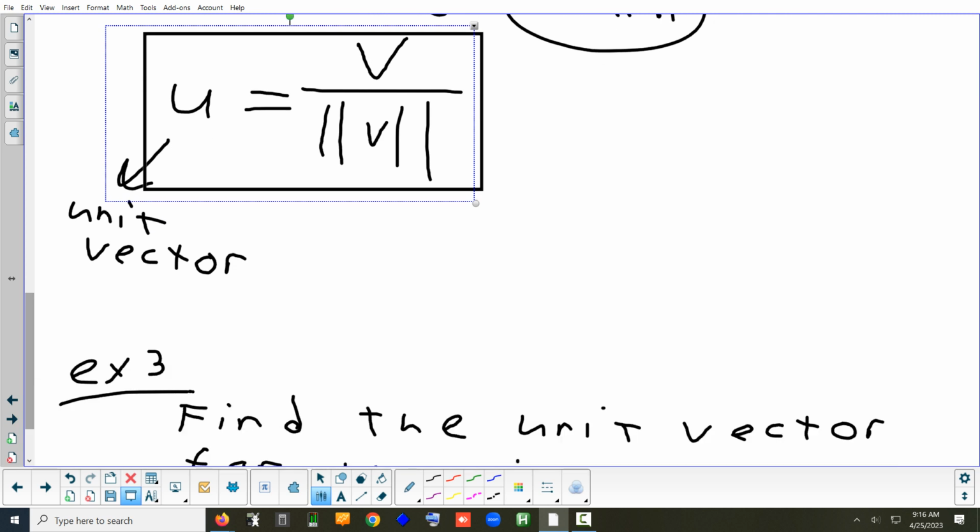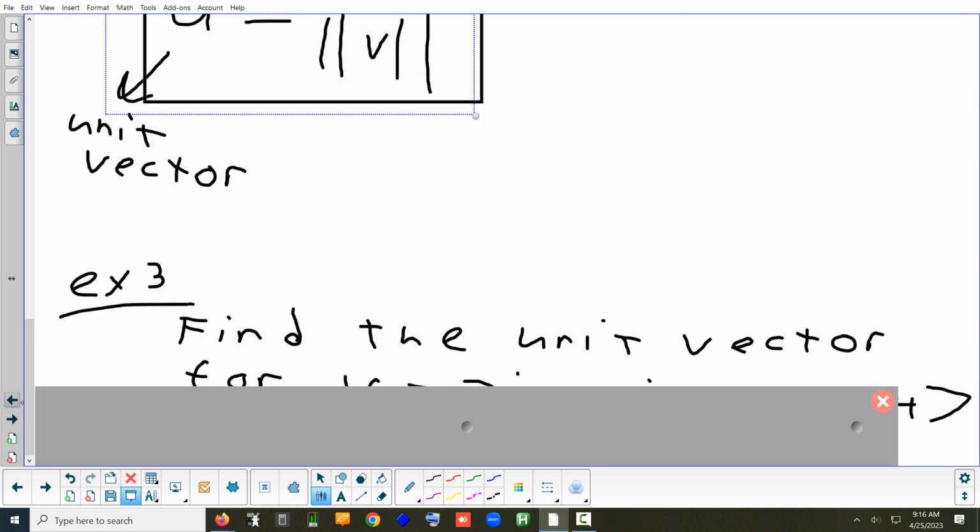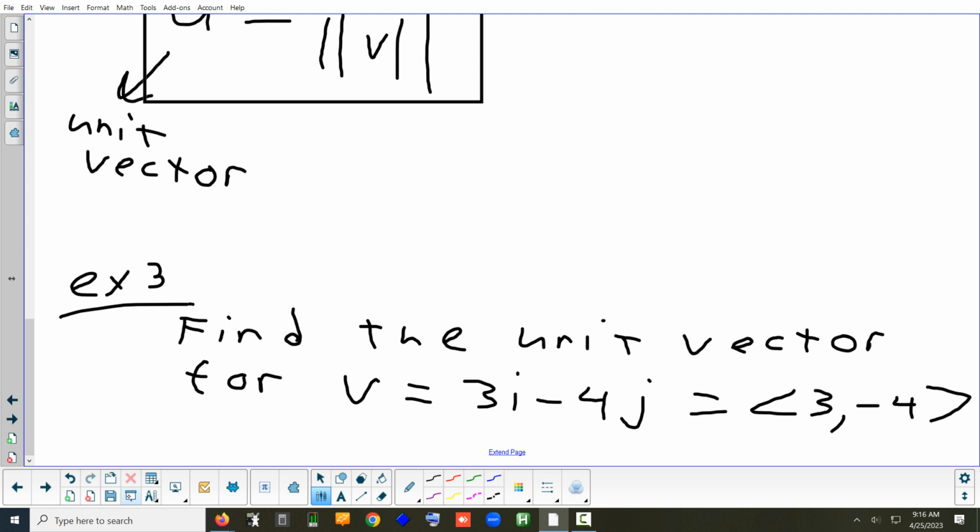Let's try an example. So it says to find the unit vector for 3i minus 4j. Well, first thing we got to figure out is, is that already a unit vector? If it is, then we're done. If it's not, then we'll fix it.